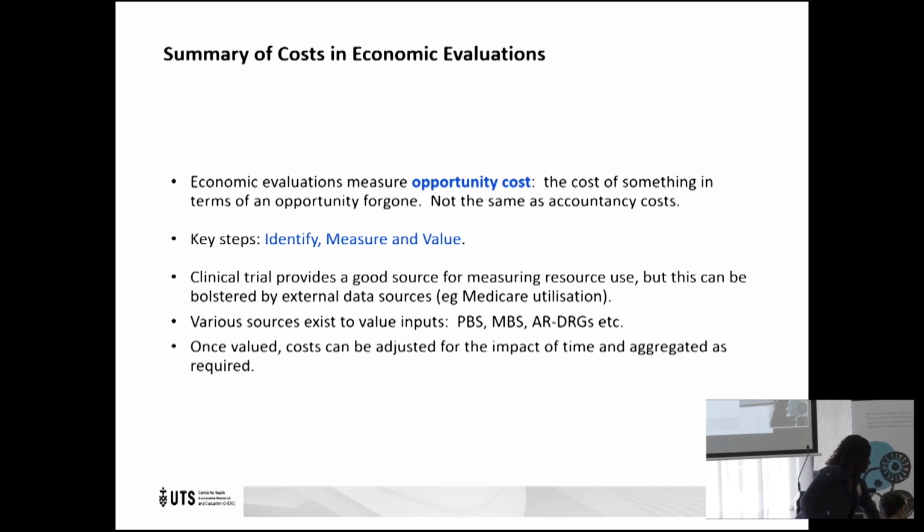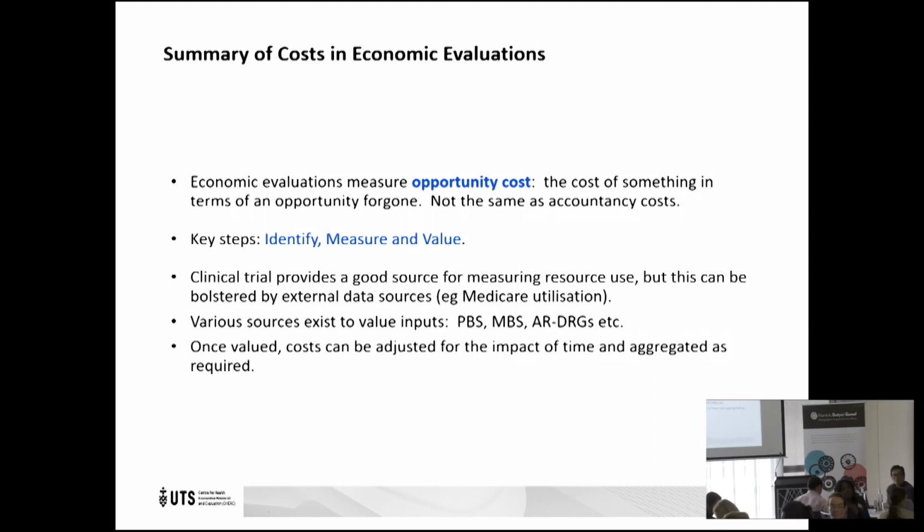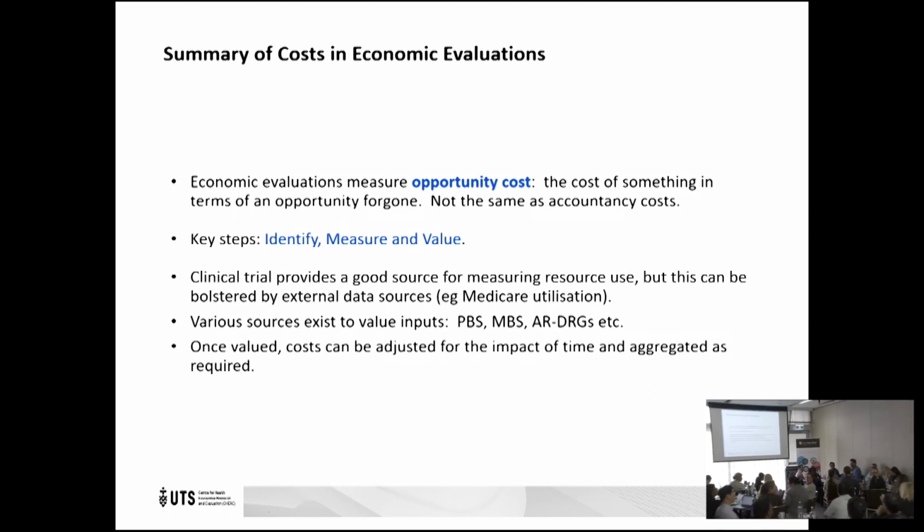I just had two very quick comments. One of our colleagues earlier asked what do you cost and how much detail do you go into? I think the most practical, useful piece of advice that a guy called Professor Alan Shield gave me when I did my very first costing was, don't get too bogged down in the minutiae.